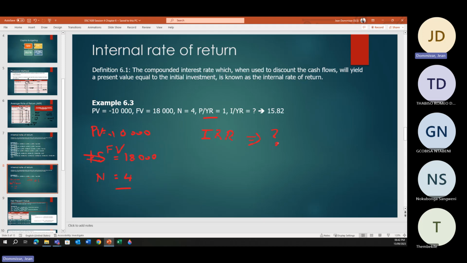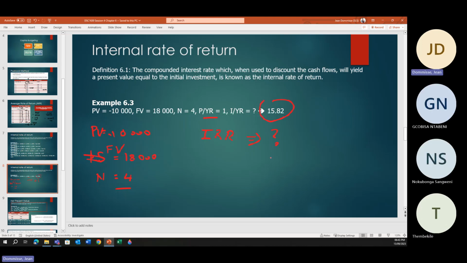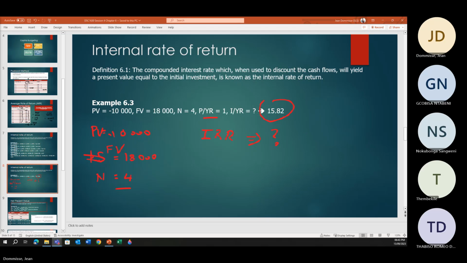In one of the previous questions, we made it quarterly. So we just need to return that to once a year for 4 years. So we've got 4 periods. We've got our present value as minus 10,000. We've got our future value as 18,000. And then our internal rate of return will be 15.82%.